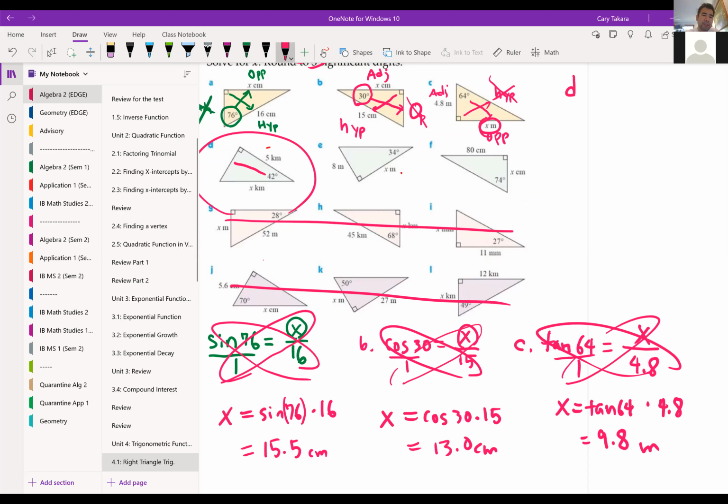So again, it's opposite, hypotenuse, which is across from 90 degrees, and then adjacent has to be the last one. There's nothing on opposite, so opposite is out.